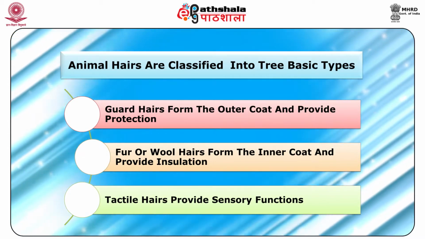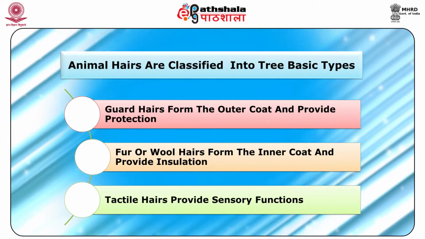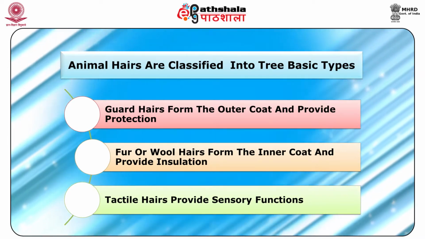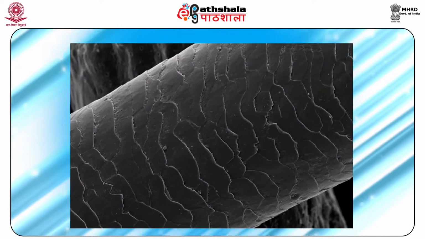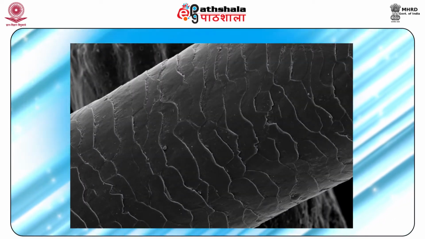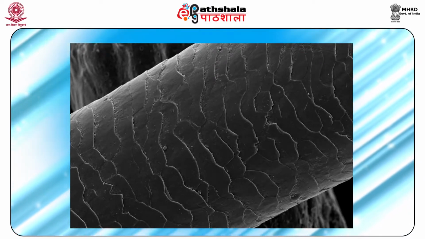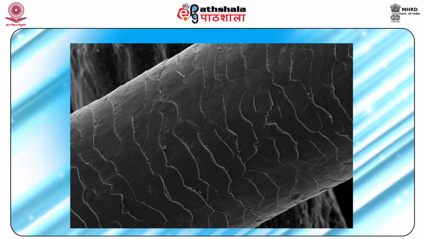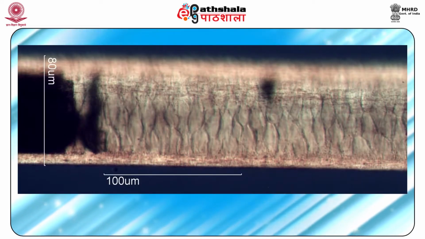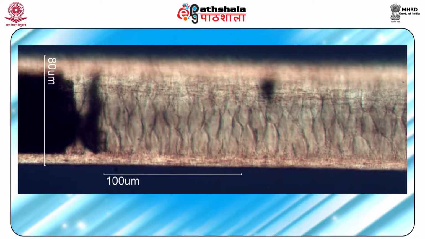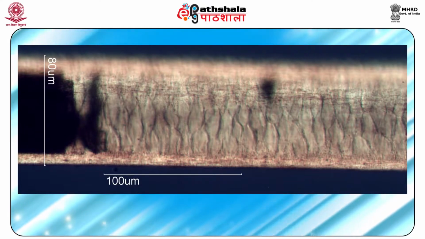Next is tactile hairs or whiskers that are found on the head of animals and provide sensory functions. Human hair has imbricate scales in cuticle that are flattened and narrowed. Other types of hairs found on animals include tail hair and mane hair, like horse.